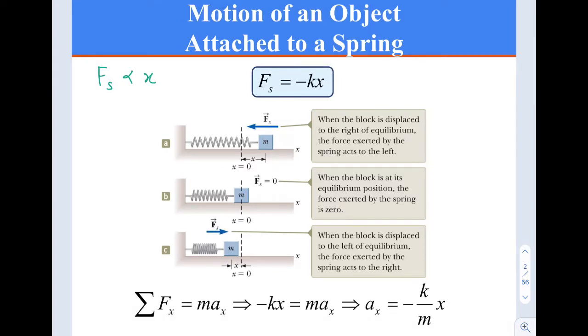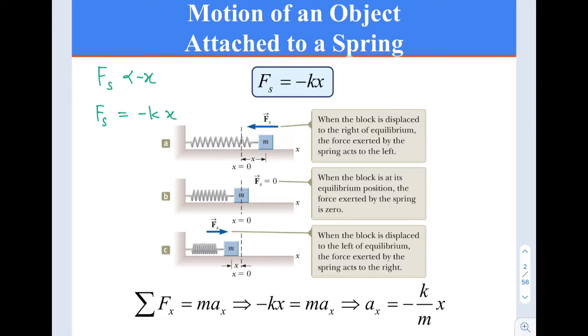Then if you want to put it in terms of a mathematical statement or formula, you are going to have a constant. The k is the spring constant, also known as the stiffness of the spring, also known as the force constant.